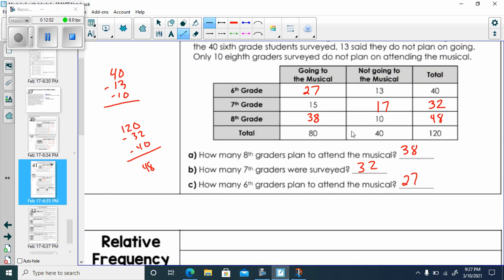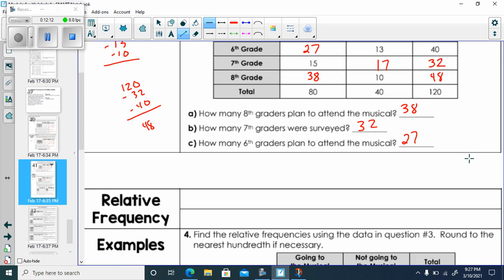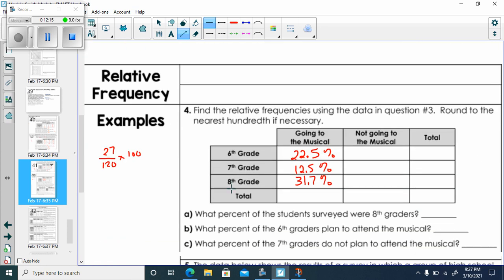Okay? So what percent of the people are going to the musical? 80 out of 120. 80 divided by 120. Multiply that by 100, and 66.7% of the people surveyed are going to the musical, right?